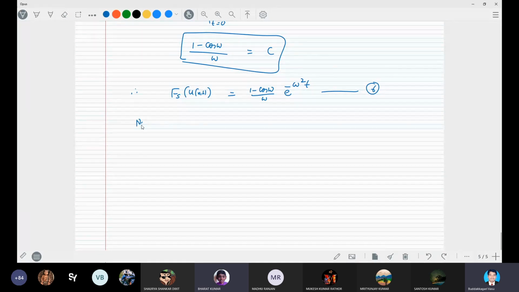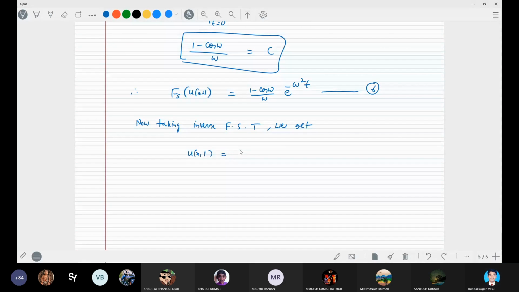Now taking the inverse Fourier sine transform, we get u(x,t) equal to 2 by pi integral 0 to infinity Fs(u) sin ωx dω.